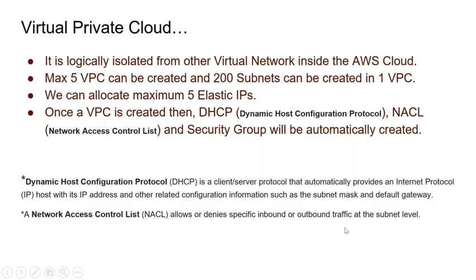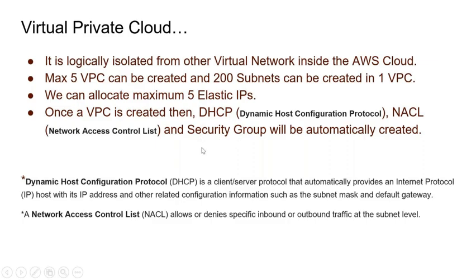One more difference between a NACL and a security group is that in a security group, whenever you add an inbound rule, outbound traffic is automatically allowed. But in a NACL, you have to specify both inbound and outbound. And one more difference is that in a security group you can only allow, but you cannot deny.